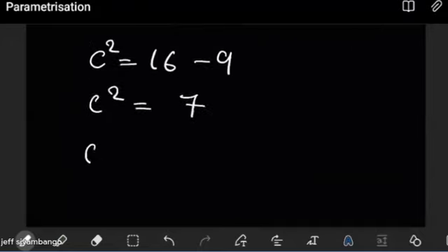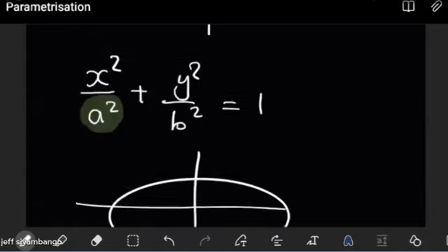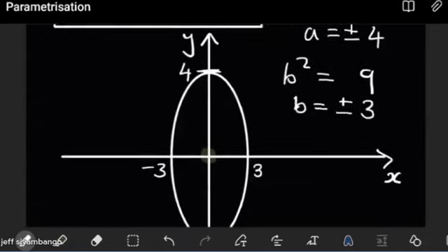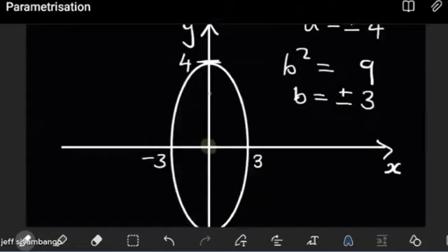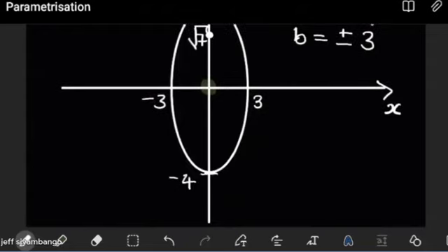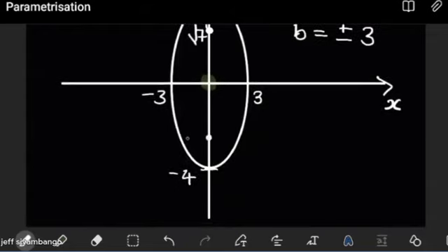So c will be equal to plus or minus root 7. c tells us where the focus is. Since c is root 7, the foci will be here at positive root 7, and the other focus will be down here at negative root 7. Have you got that?